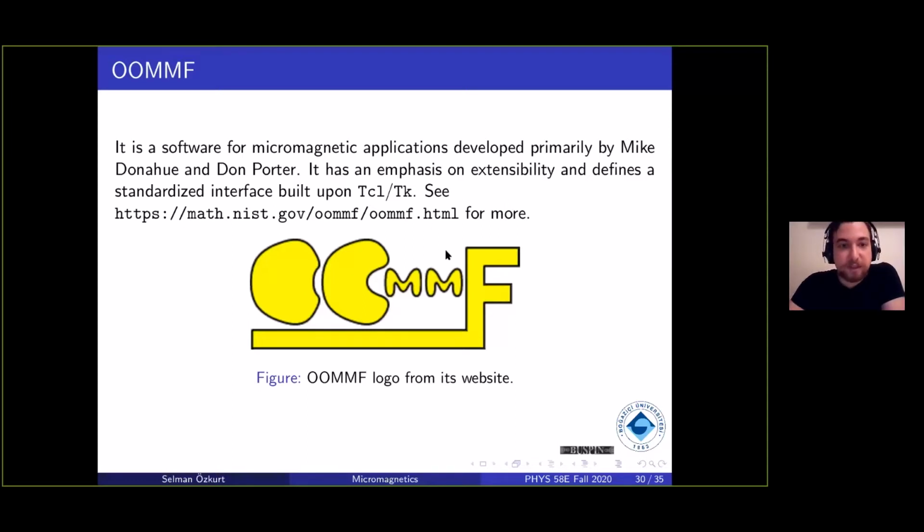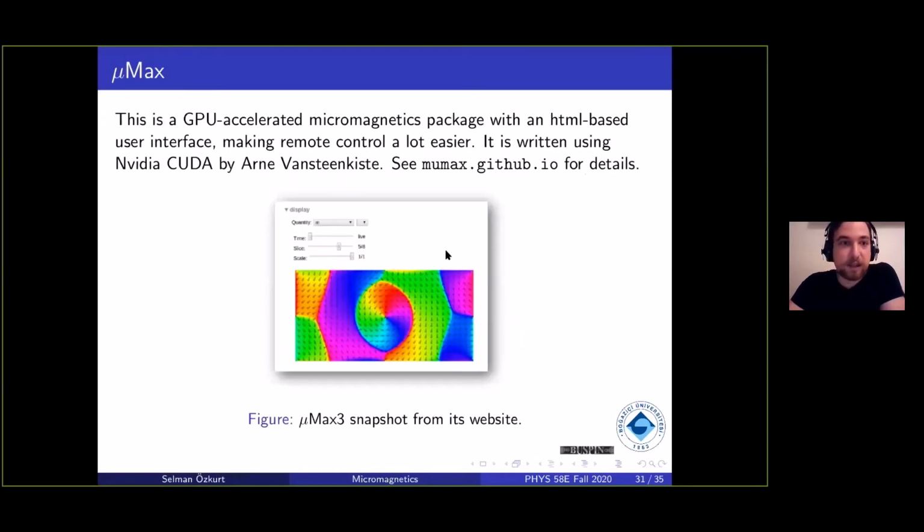And there are some newer packages today, like MuMax. MuMax is GPU accelerated, which is an emerging use of graphical processing units in the last decade.